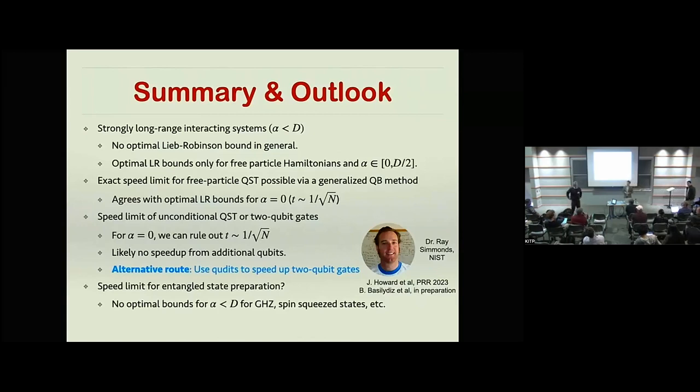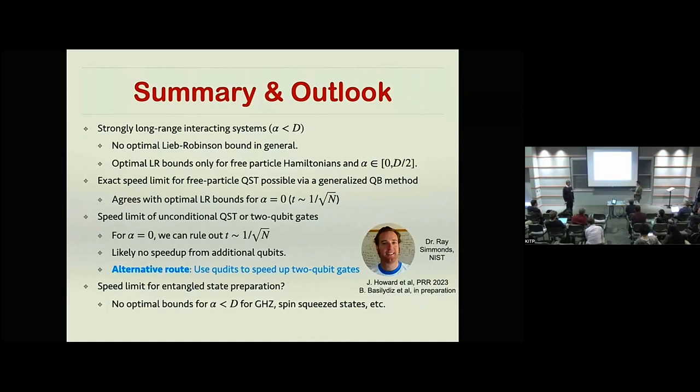Thank you for the talk. I was wondering if we can somehow use what you just said to have some intuition on state preparation rather than state transfer. Yeah, that's a very good question. I listed that there because we also have pretty horrible bounds for some of these entangled state preparation times, especially when the interactions are long range.